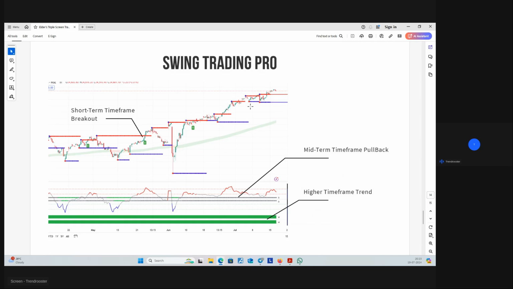I myself built this kind of triple screen system, which I made into Swing Trading Pro. Everything is my own indicator. I'm not using MACD. I'm not using stochastic. I'm not using 13 period moving average. Nothing. It's based on my own technical expertise. I use that framework to adapt this better trading system.